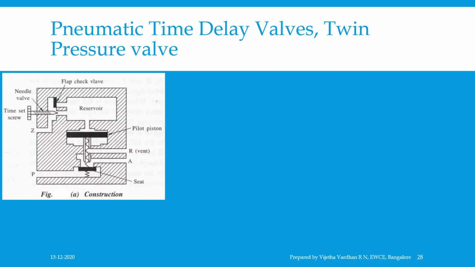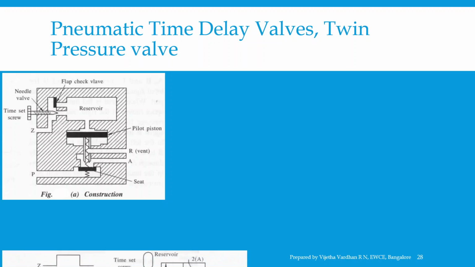This is similar in construction to a 3 by 2 way pilot operated valve, but the space above the main valve is comparatively large and pilot air is only allowed in via a flow reducing needle valve.